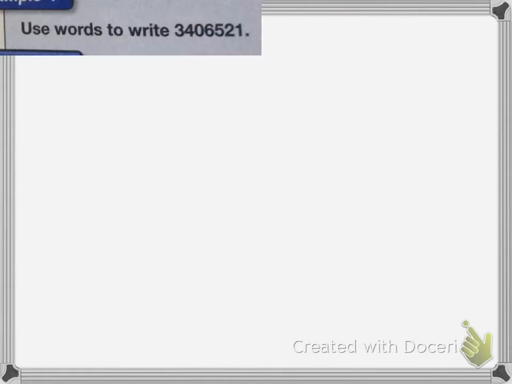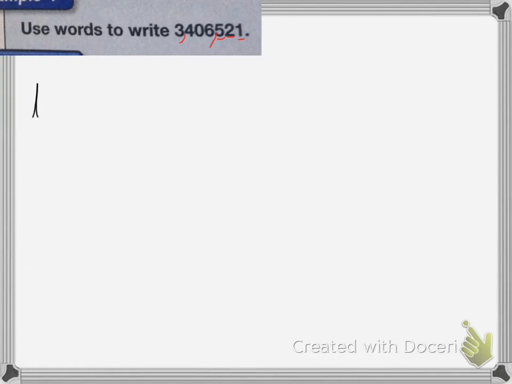Now this one, they didn't give us any commas, so I first had to figure out where the commas go. Every third place value, I'm going to put a comma. So I'm going to count 1, 2, 3, and the comma goes between the 5 and the 6. And 1, 2, 3, the comma goes between the 3 and the 4. So I know I have 3,406,521.